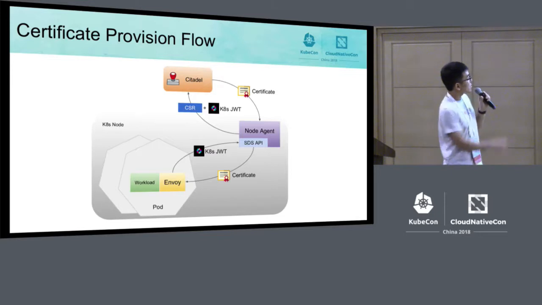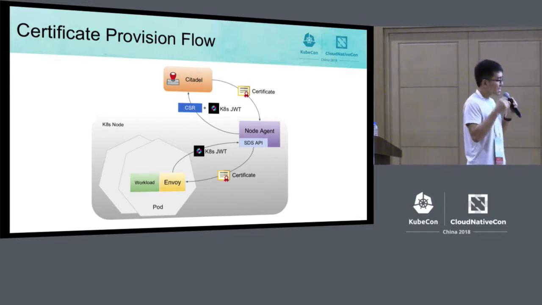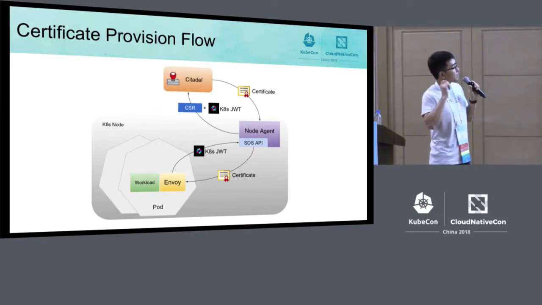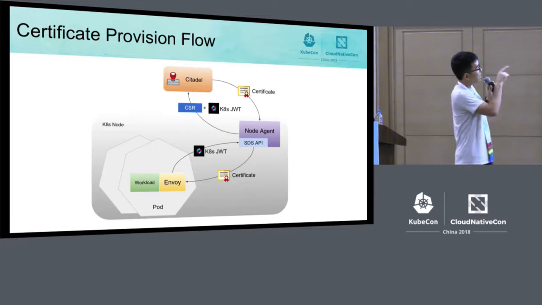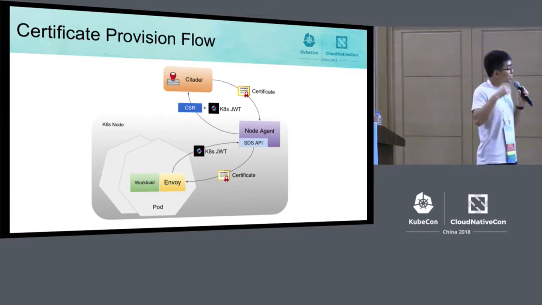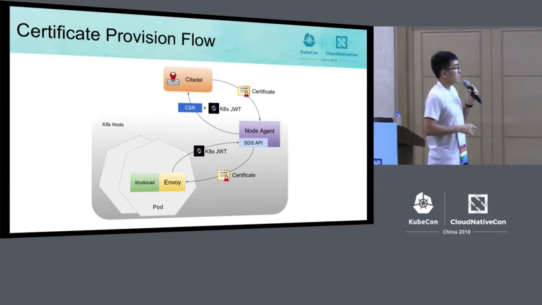The workload pod will dynamically watch that certificate. It's mounted in a local file, and if it's changed, it will restart the pod. Restart the Envoy, and then there's a restart delay there, even though it's a hot restart.